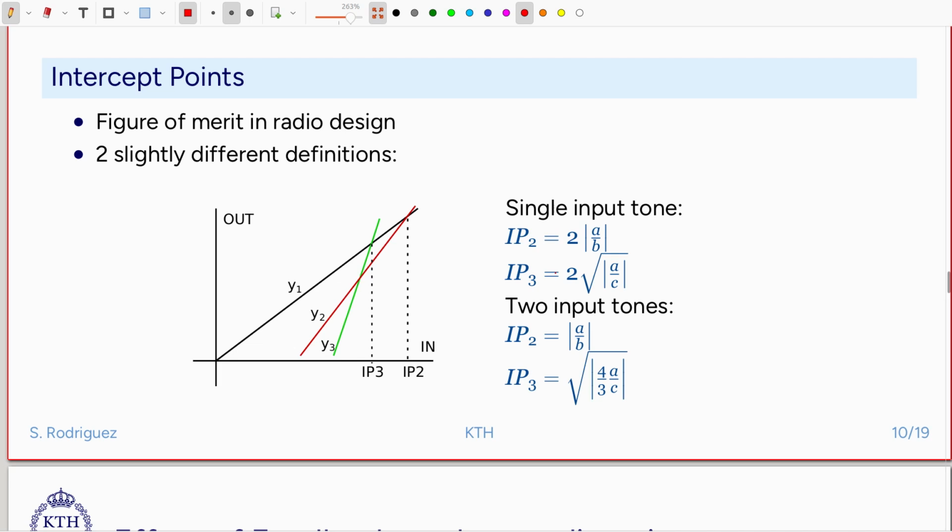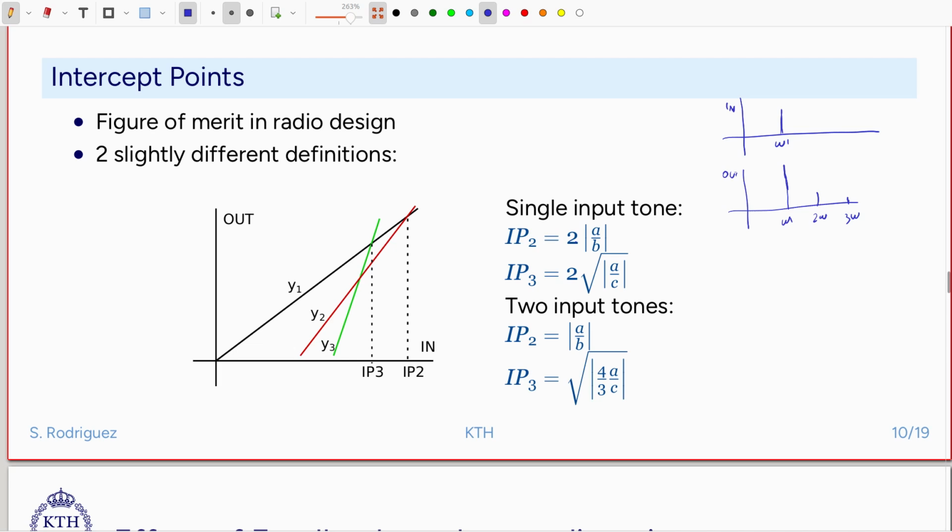First, when we inject a single tone, so we have our input, a single tone located at omega 1, then we saw that it will produce an amplified output at omega 1, and there will be some harmonics. So for a single tone, the IP2 is defined as 2 times A over B. And what is this intercept point?